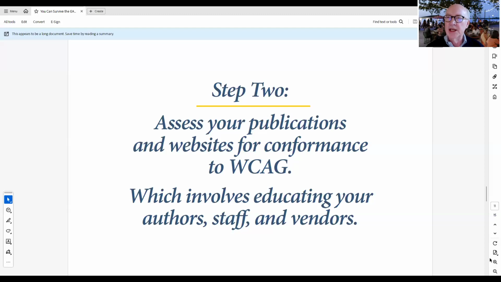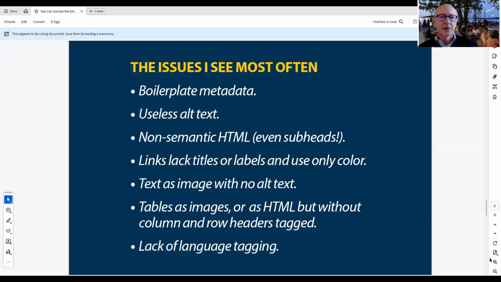It's a bit different in education because those tend to be commissioned, but again, they're often commissioned early in the workflow. So the main message here is that really everybody in the editorial and production workflow has a role to play in accessibility. So what are the issues that I see most often in my work?